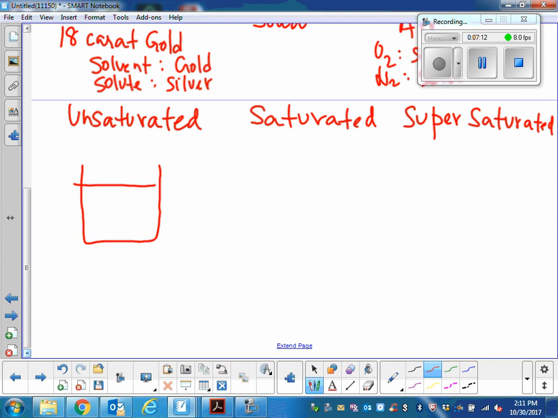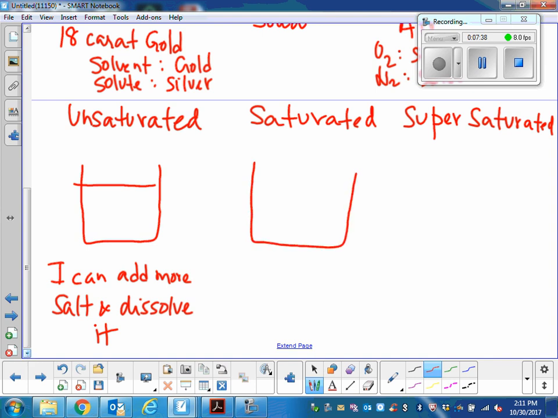When there is less salt, more can be added. If I can add more salt to the water and dissolve it, it's called an unsaturated solution. What is a saturated solution then?